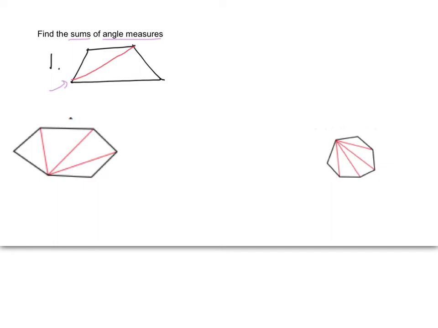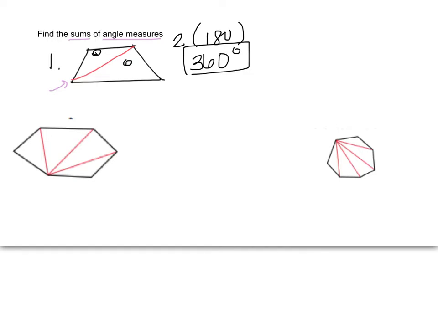Remember, each triangle is 180 degrees. Since we have 2 triangles, one here and one here, we can do 2 times 180, and that will give you 360 degrees. So the sum of the angle measures of a quadrilateral is 360.